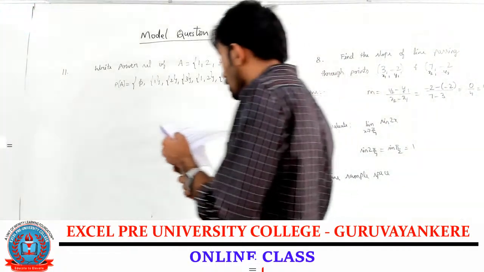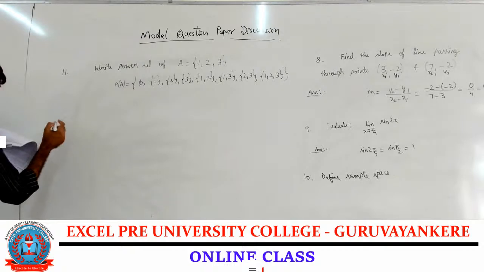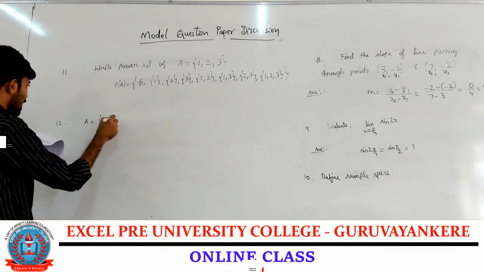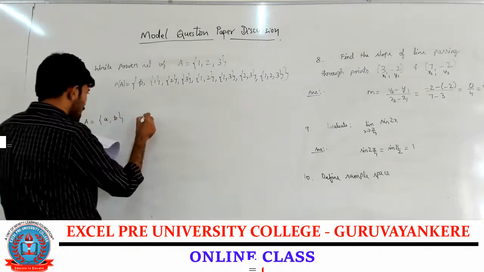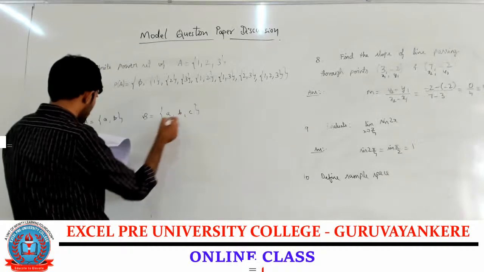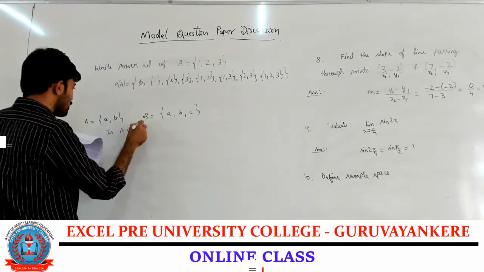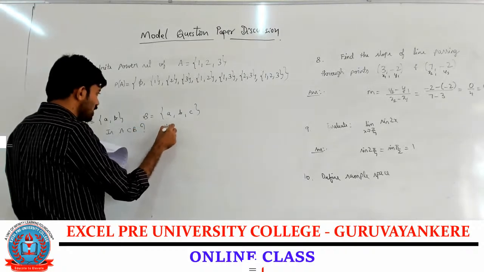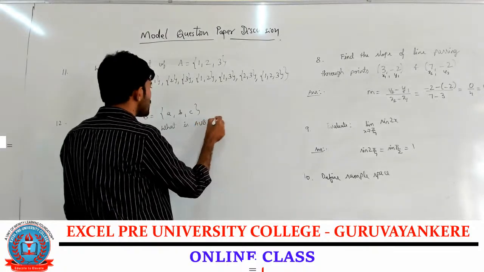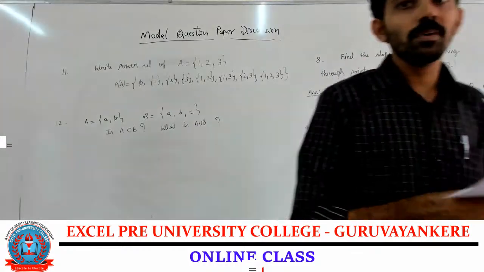Next we have question number 12. A is equal to the set containing elements a, b, and B is equal to the set containing elements a, b, c. Is A a subset of B? What is A union B? What do you mean by subset?